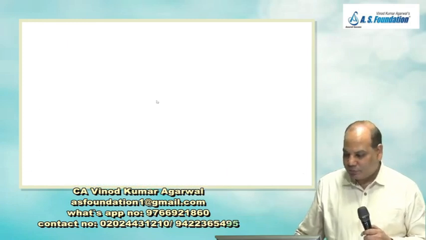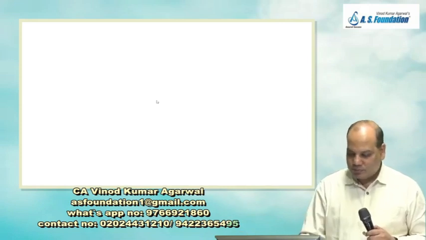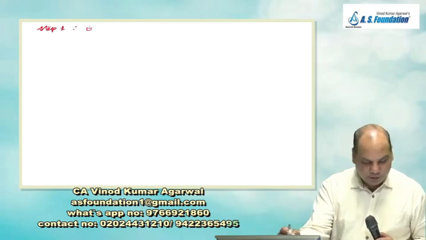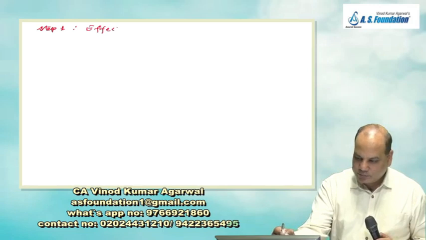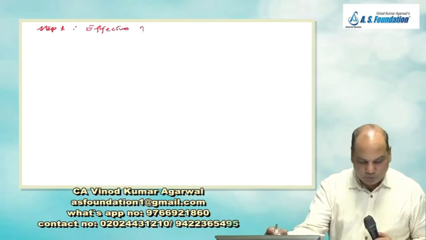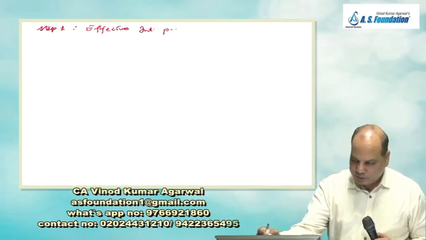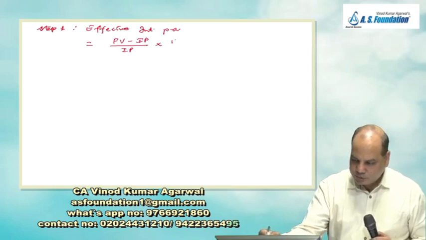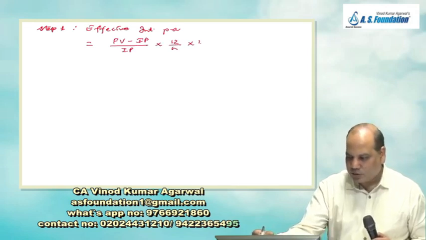Right. Dear student, first we'll write step 1. What is step 1? Effective interest rate per annum. Effective interest per annum formula: face value minus issue price upon issue price into 12 by n into 100.